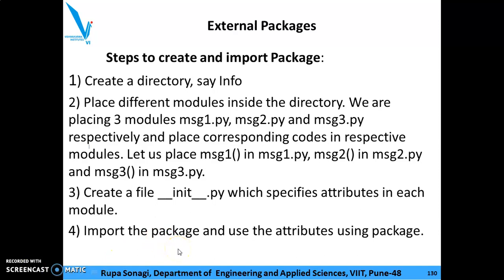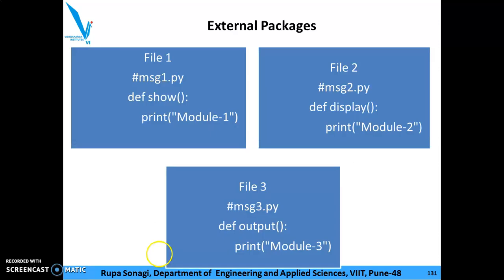Import the package and use the attributes using the package. Let us understand this example. Yes, first 3 modules are created. Message1.py is the first file, message2.py the second file and message3.py the third file. So what do I have?